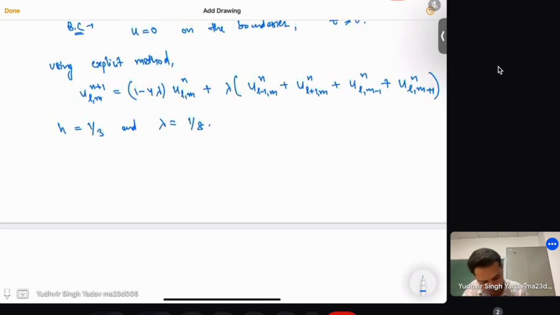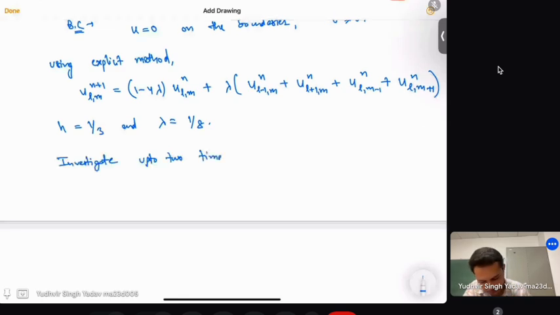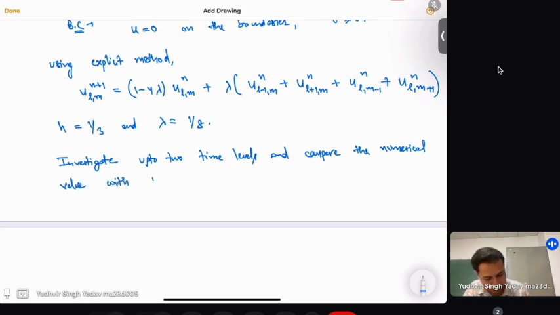So the question is to investigate up to 2 time levels and compare the obtained numerical values with the exact solution.